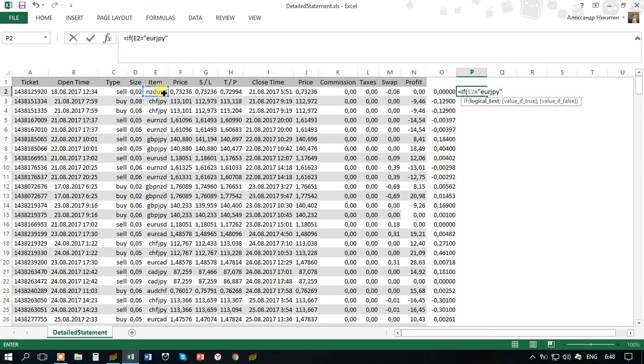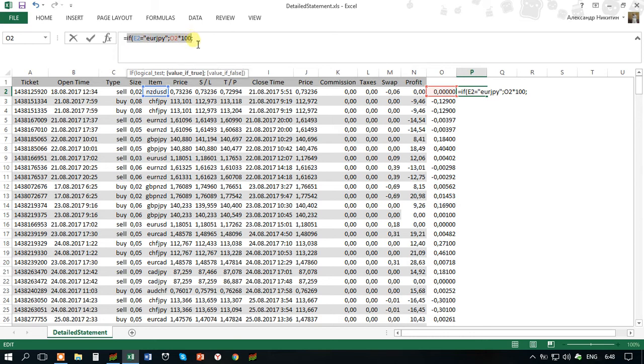Perfect. If it equals Euro JPY, then this should be multiplied by 100. Agree? And we have a 3-digit thing. Now we should copy this. No, we should copy all.